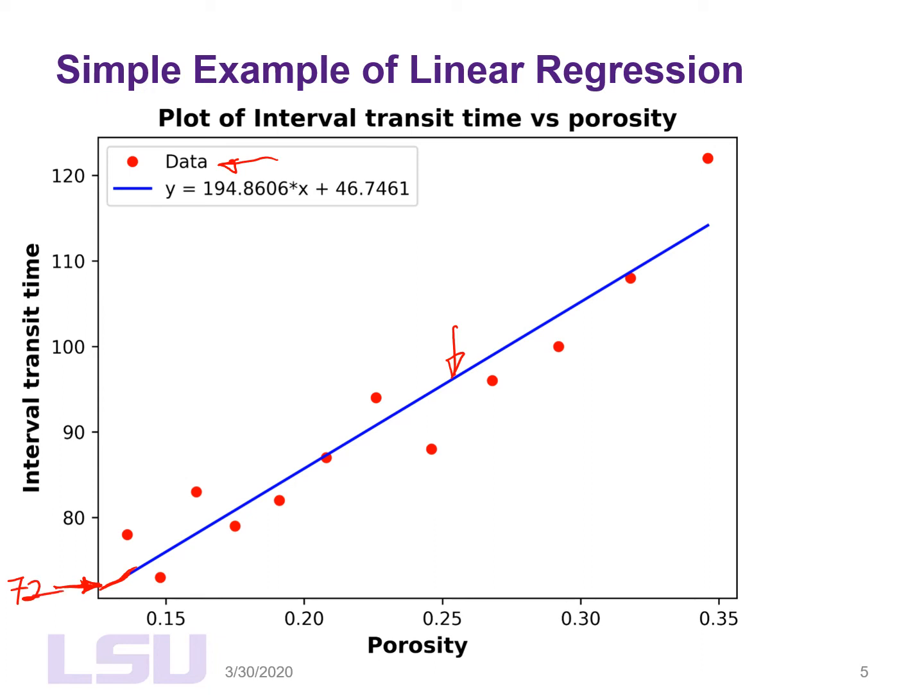So A0 is 72. It's the y-intercept. How about A1? A1 is the slope. And what is the slope? Change in y divided by change in x is your slope.